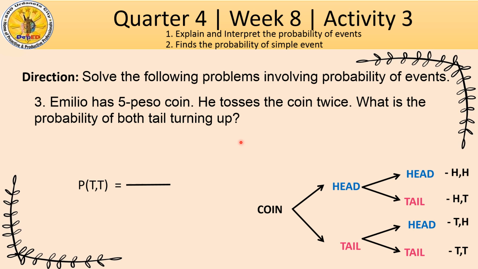Therefore, we will write on the denominator the number of all possible outcomes or sample space, which is 4. And of course, from the given possible outcomes, how many both tail do we have here? We have only 1. So the answer is 1/4. Okay, so don't forget your counting techniques because you will use it in solving problems involving probability of events. So that's for activity 3.